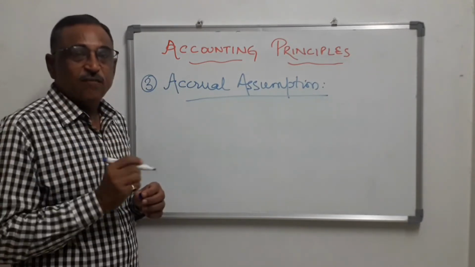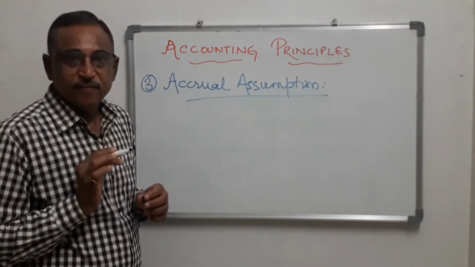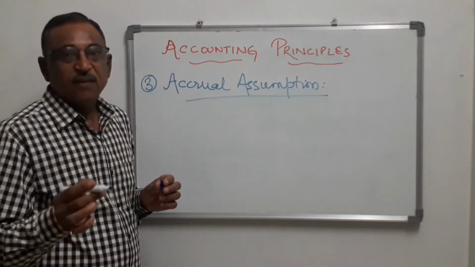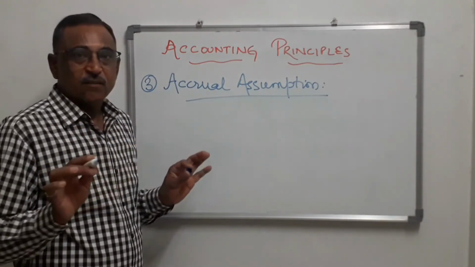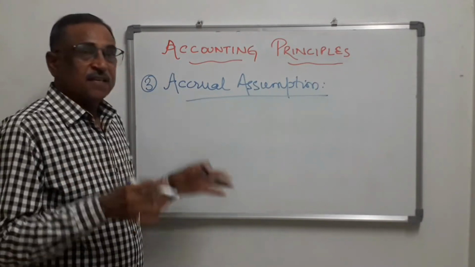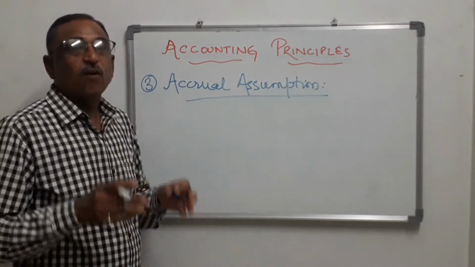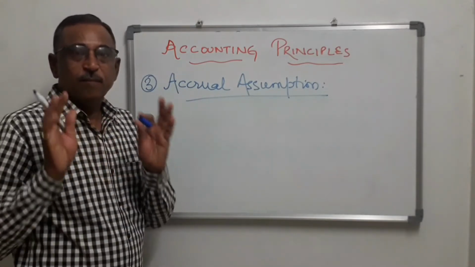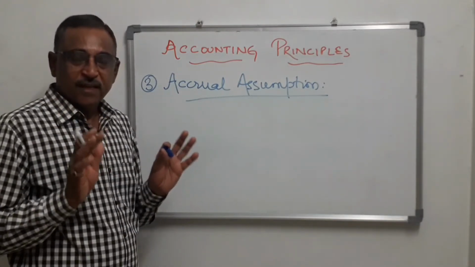So, revenue is recognized when sales is affected. Okay? Money is received or it will be received in a future date, it makes no difference. Since sales has taken place or the service has been rendered, you will record it in your business books. Clear?